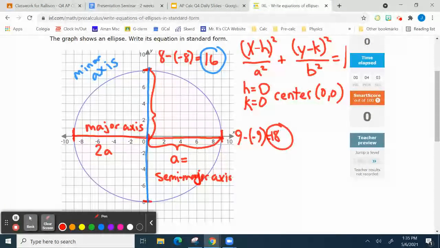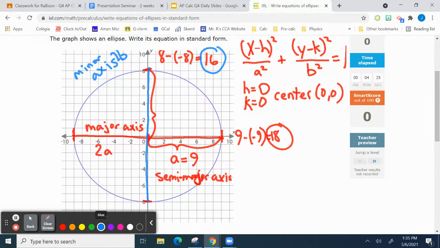So a is the semi-major axis, so that is going to be, what, 9, right? Because the whole major axis is 18, so the length of a is 9. And b is the semi-minor axis, so the minor axis is 2b, just like the major axis is 2a.